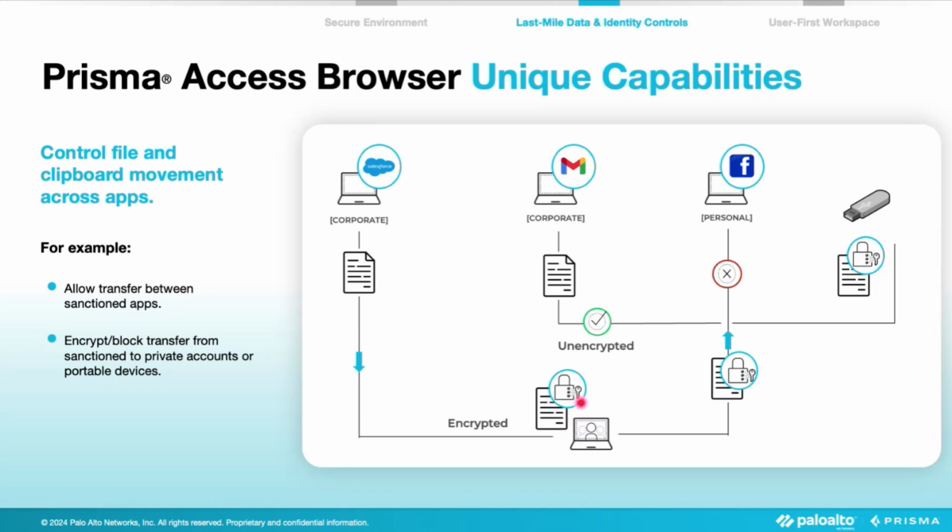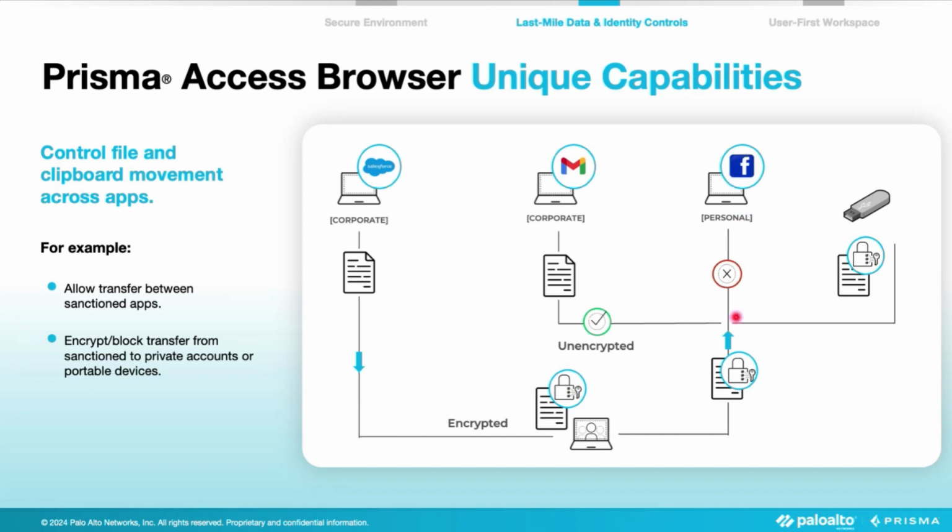If you try to upload that same file to a corporate instance, well, depending on your security policies, that will be allowed. Okay, so in this case, the file will be uploaded and unencrypted data will be stored in your corporate application. Now, let's imagine you want to upload that to one of your personal applications. That's where we can block this activity. We can block the upload of that sensitive data.